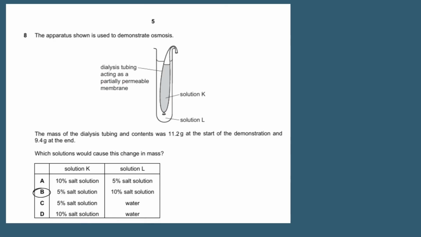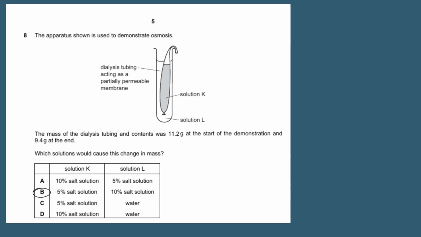Question number 8. The apparatus shown is used to demonstrate osmosis. So this section discusses osmosis. There is a partially permeable membrane, so in this kind of question you have to keep osmosis in mind. It happens from low concentration to high concentration, with particles moving through a partially permeable membrane.